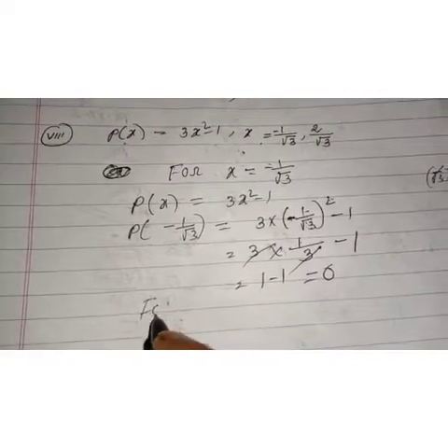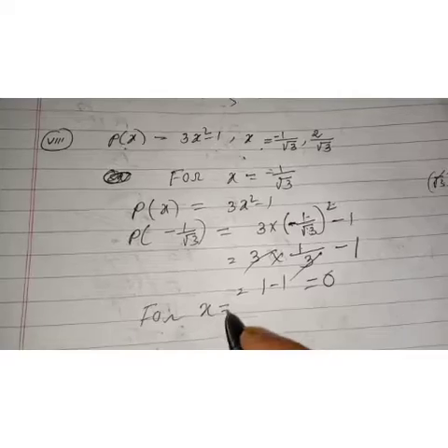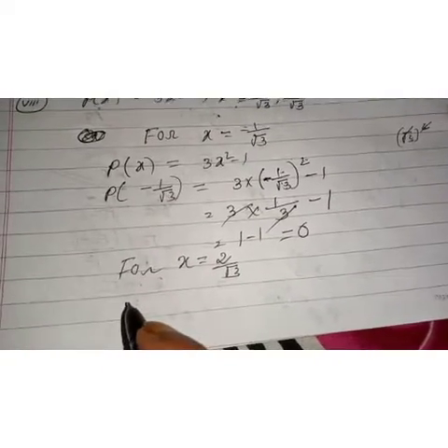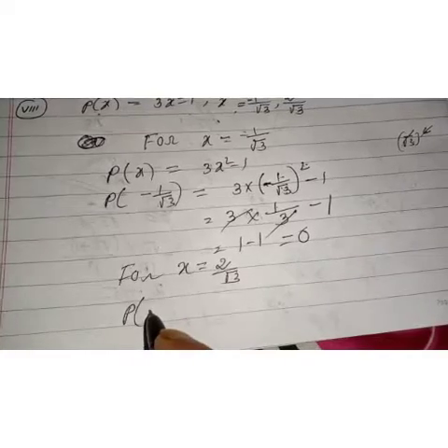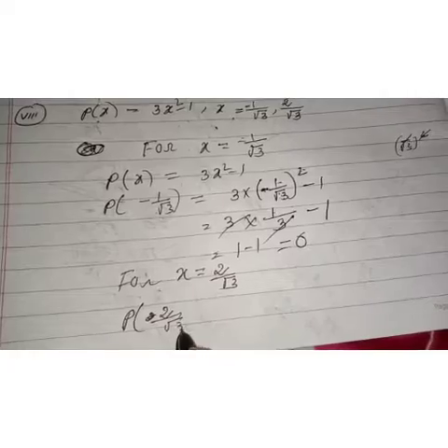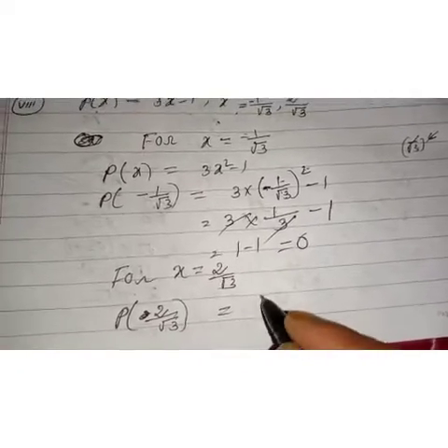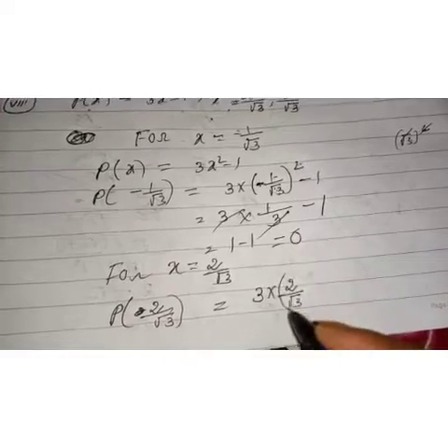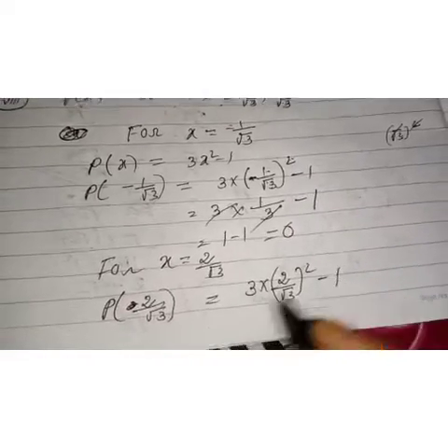Now one more they have given. So for x equal to 2 by root 3. See, p of 2 by root 3, then 3 into 2 by root 3 whole square minus 1.